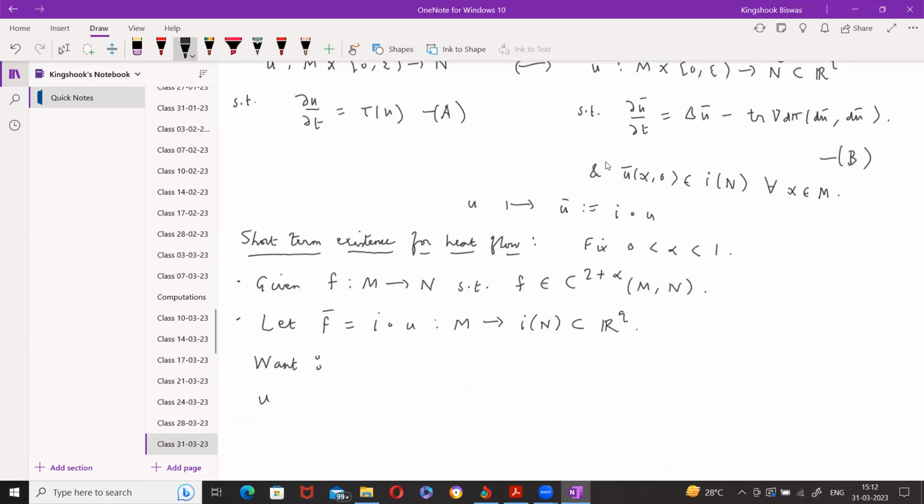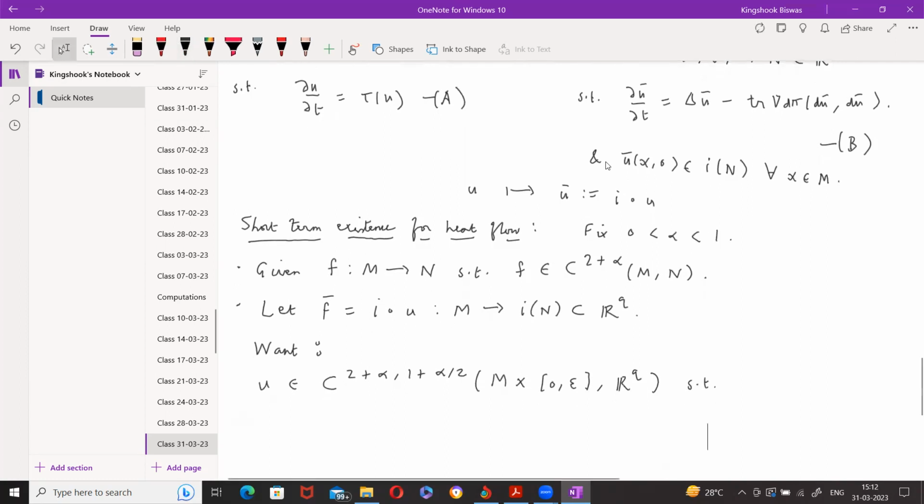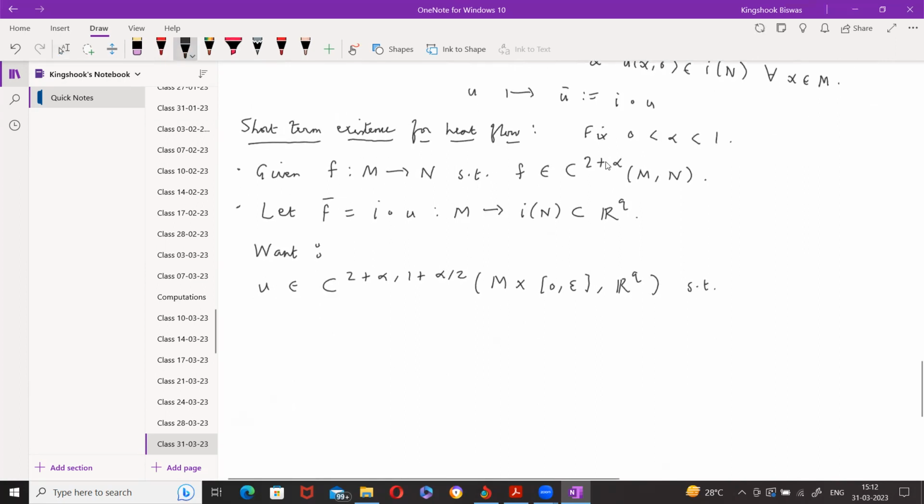We want a U, which is going to be C2 plus alpha comma 1 plus alpha by 2, defined on some M cross some small time 0 epsilon, mapping into RQ such that this initial value problem holds.